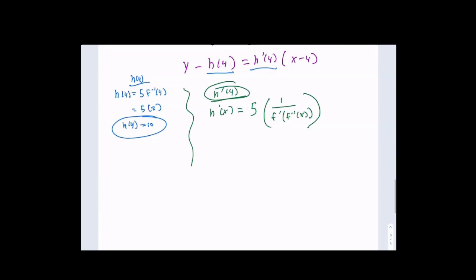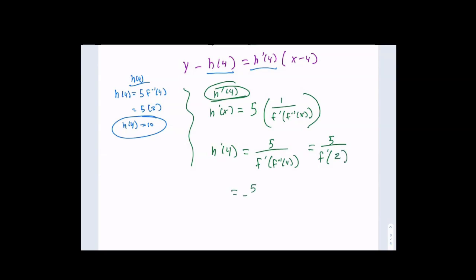All right, now we need to find h prime of 4. So h prime of 4 is 5 over f prime of inverse f of 4, which is 5 over f prime of... We already found this. 2.